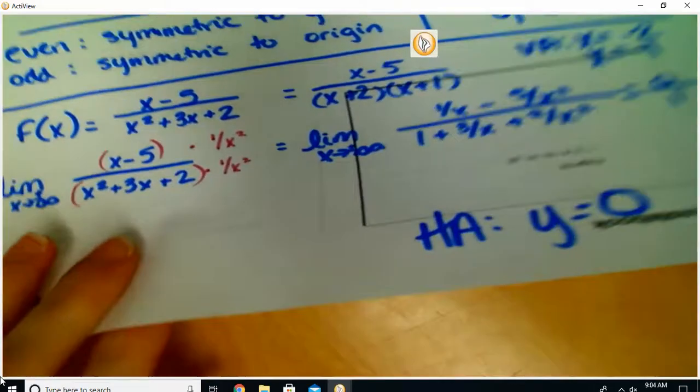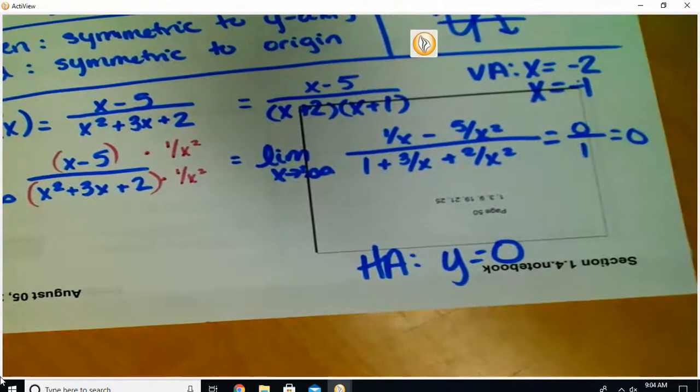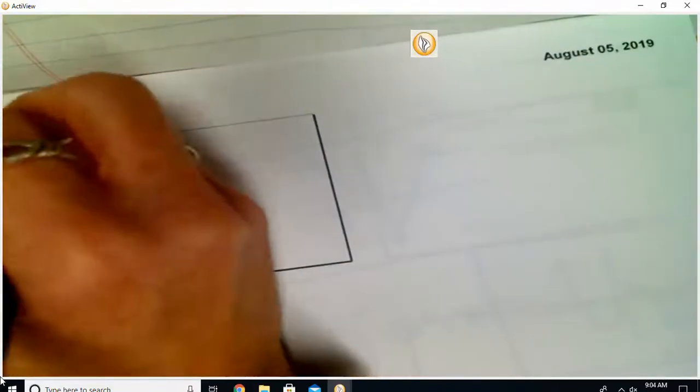Let's do some more limits while we're on this topic. If I asked you to find, let's see, we want to try some one-sided limits.